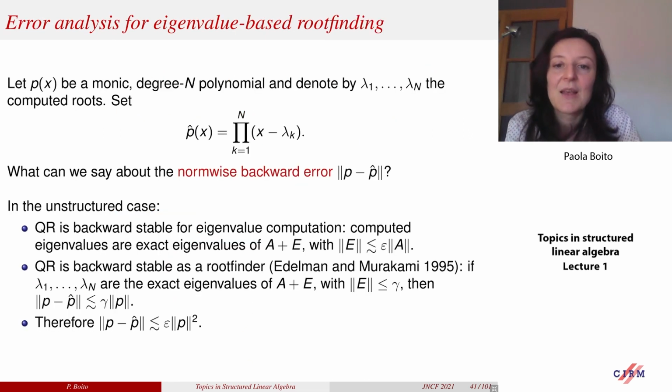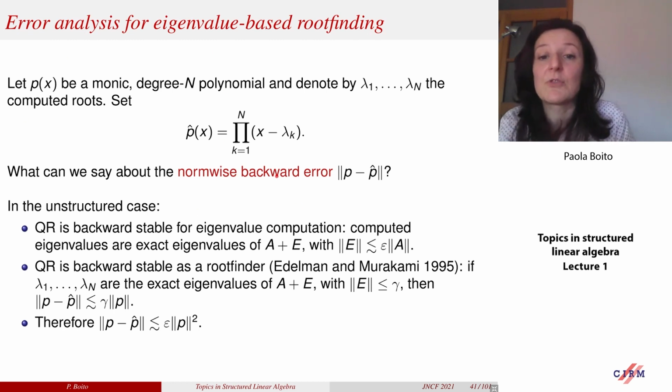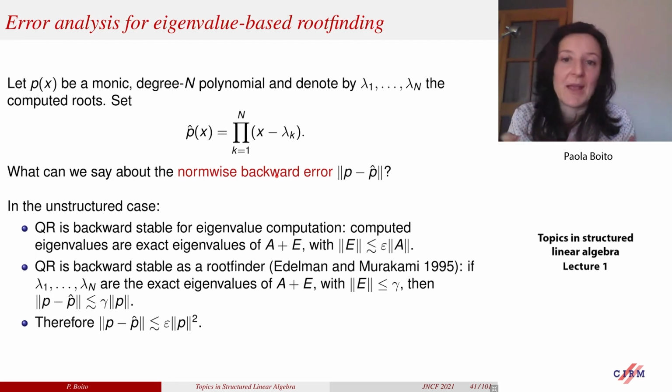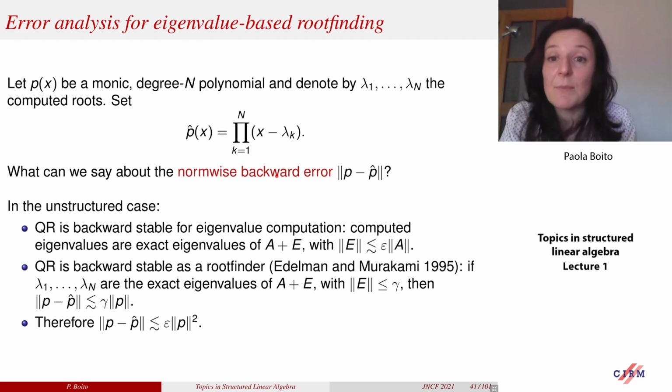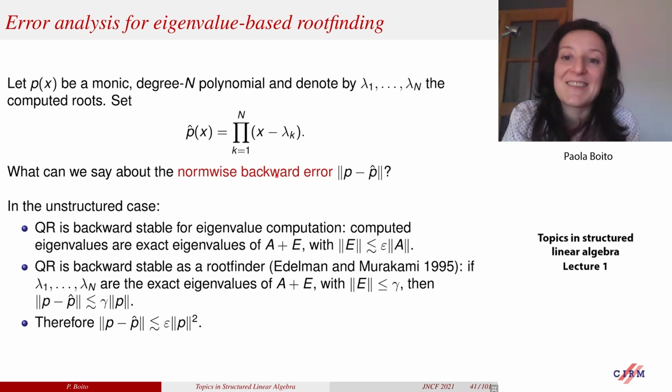Okay. So I'll just say 2 very quick words on error analysis. So what about error analysis for this kind of approach? There are 2 things we have to consider. One is the backward stability of the QR algorithm. And another one is the backward stability of the QR algorithm as a root finder, that is to say, with respect to the coefficients of the polynomial.